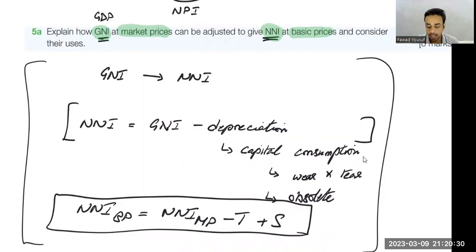Okay. And what's the use of NNI? Well, it tells us the country's capability after depreciating the use and wear and tear of the resources. Which one is better? NNI is much more better to calculate.